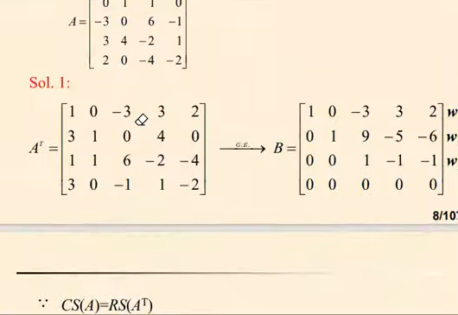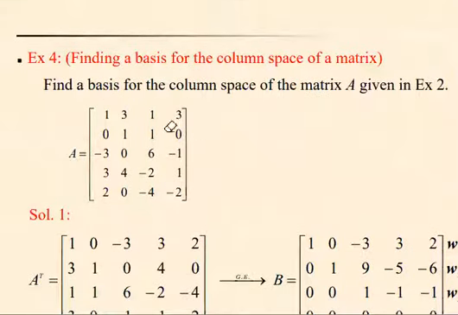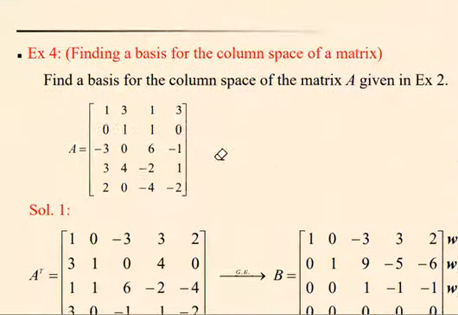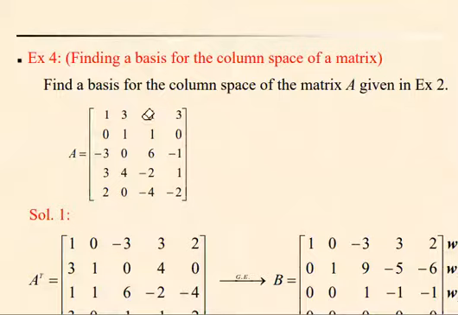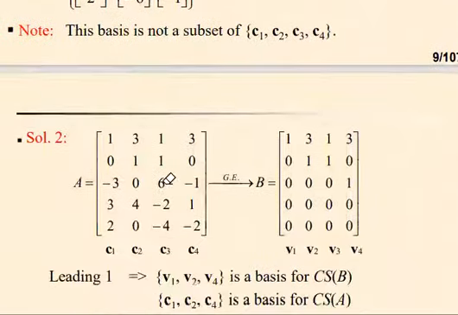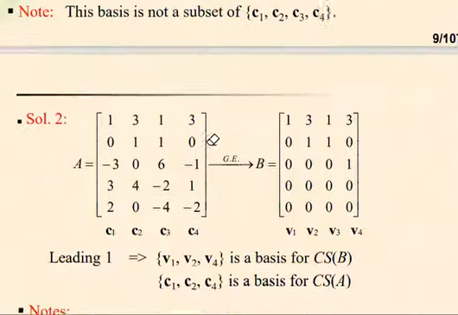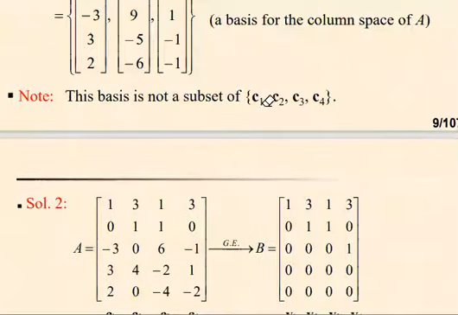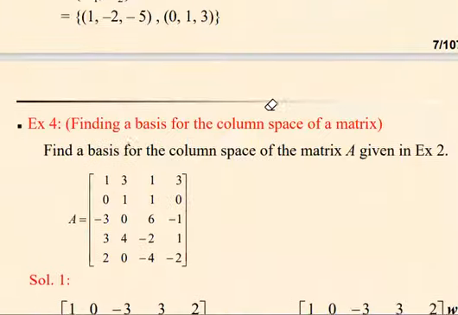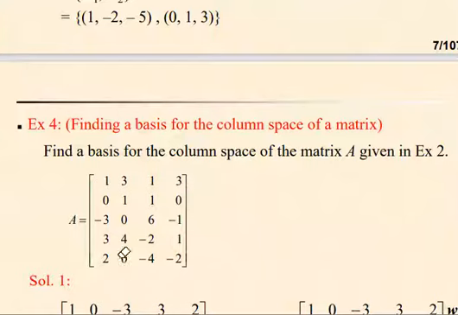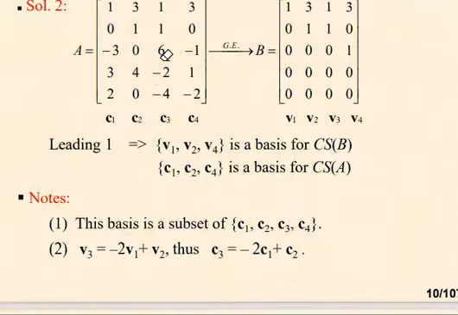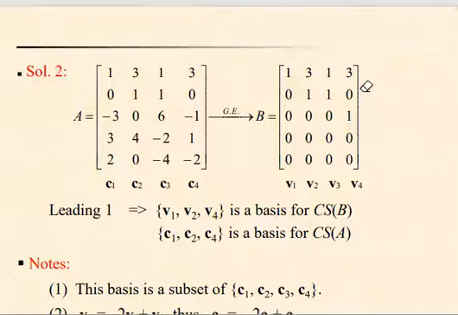You take this A and do row operations. Reduce this one. Now you are going to find a subset of C1, C2, C3, C4, the columns. So reduce this to this, right?